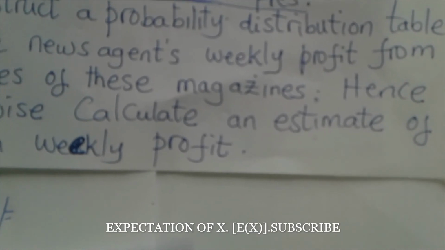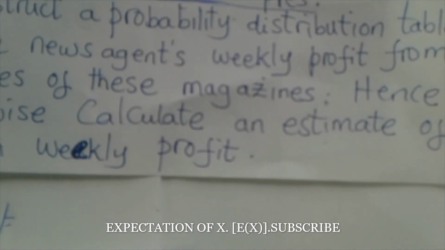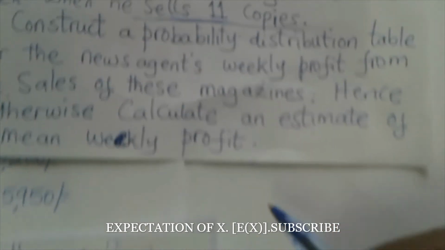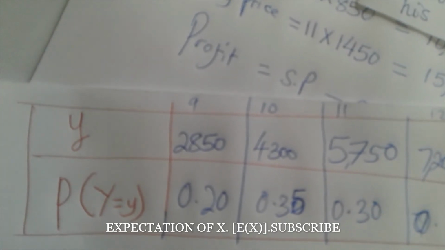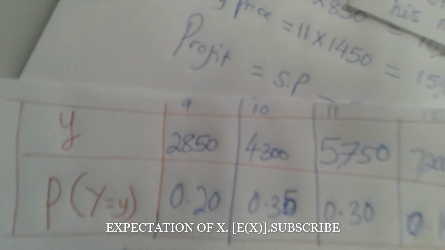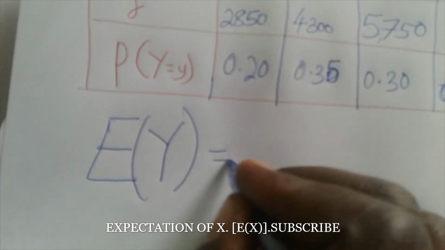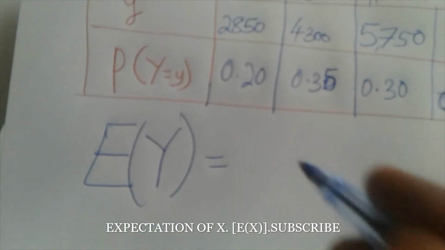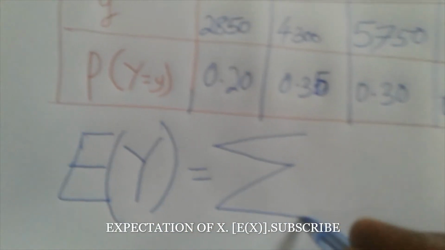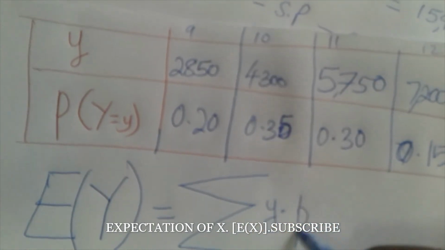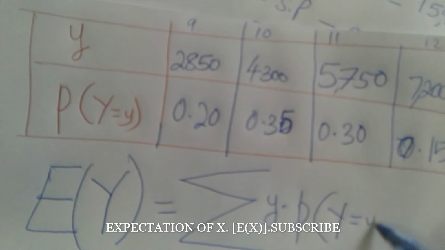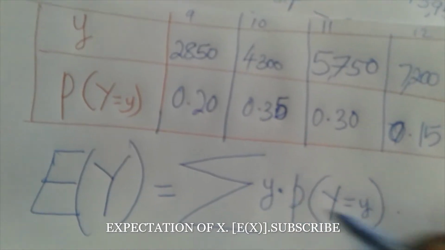Hence, or otherwise, calculate an estimate of his weekly profit. Therefore, the mean weekly profit, or average weekly profit, will be the expectation of y, which is the summation of y multiplied by probabilities.